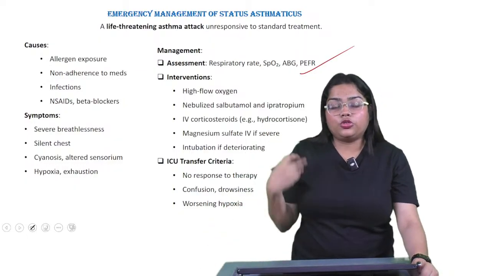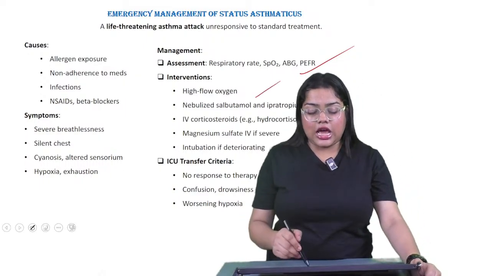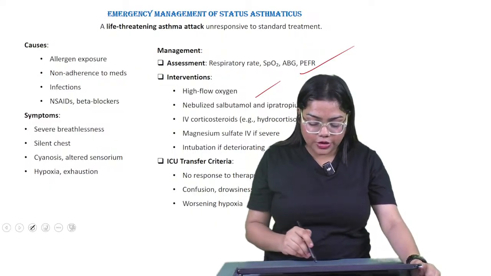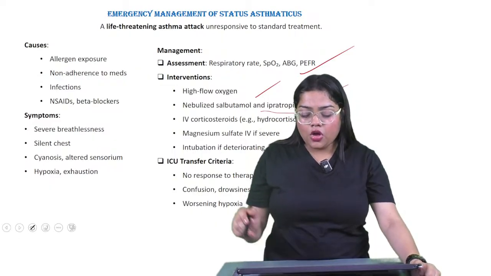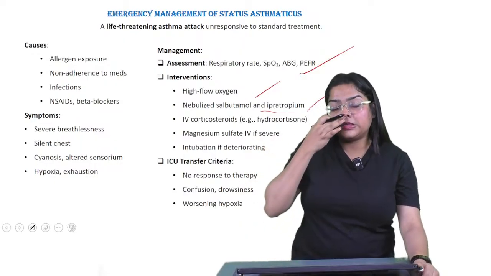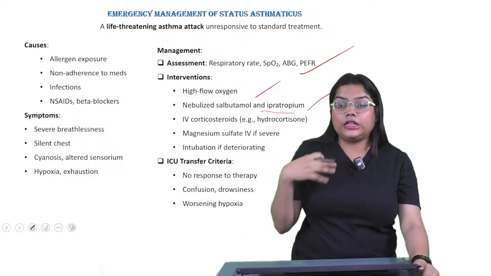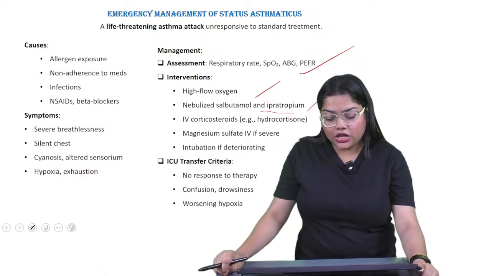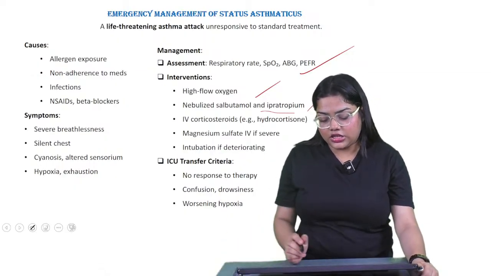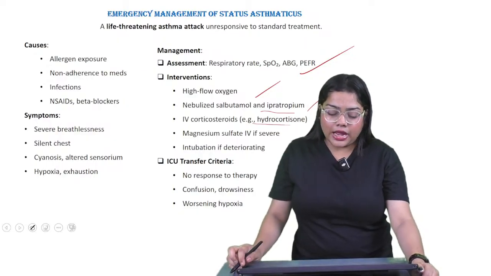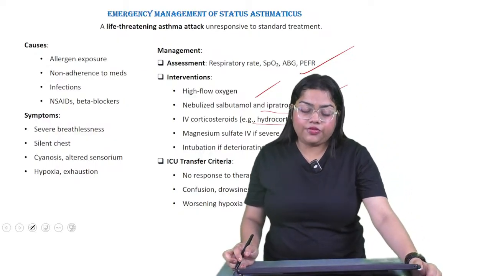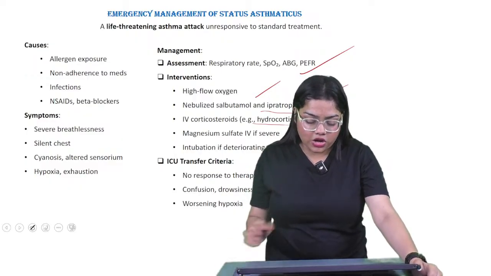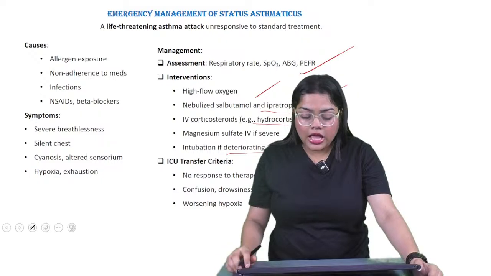Then we move on to the interventions. High flow oxygen administration, and nebulization of salbutamol and ipratropium, which will suppress the inflammation and also clear the pathway for air movement. Then IV corticosteroids such as hydrocortisone, IV magnesium sulfate if it is a very severe case, and intubation if deterioration happens.